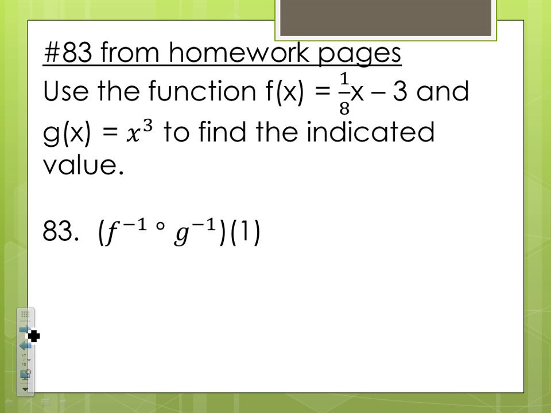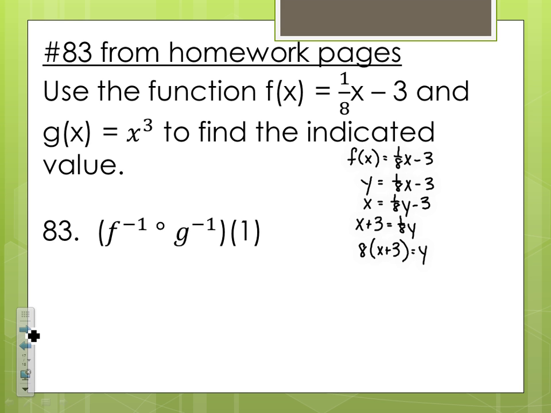Okay, so f of x is equal to 1/8 x minus 3 right now. Let's go through our steps in our process and come up with our f inverse. So I've just swapped my y's and my x's, and now I'm going to solve for y. So that inverse function looks like this.